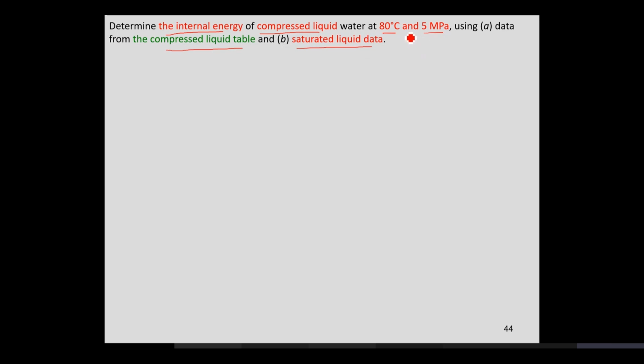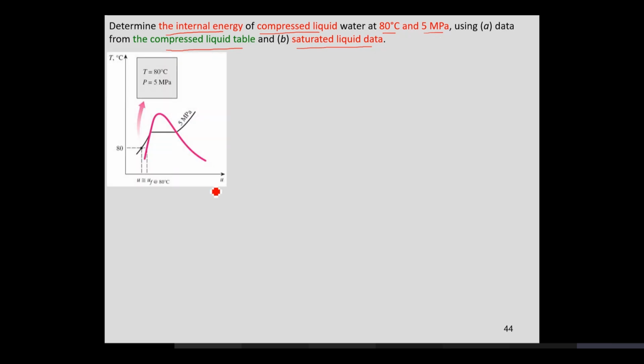So if 80 degrees and 5 megapascal are given, this is the condition. For the 80 degrees, 5 megapascal condition, you have to find out the value first from the compressed liquid table, which is table A7.